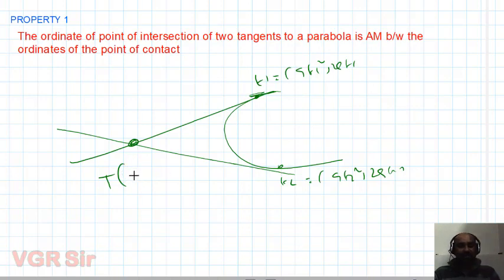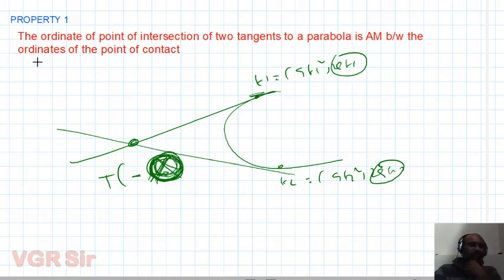So what this property is saying is that the y coordinate of the point of intersection is the AM of this and this. So this is the AM of these two.